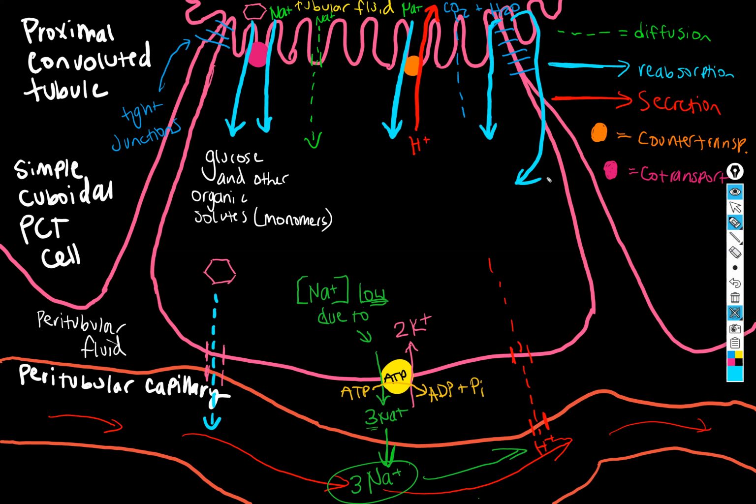So what this ends up doing is we've got plenty of water constantly coming in to combine with CO2, and that forms carbonic acid, which then turns into its component parts.